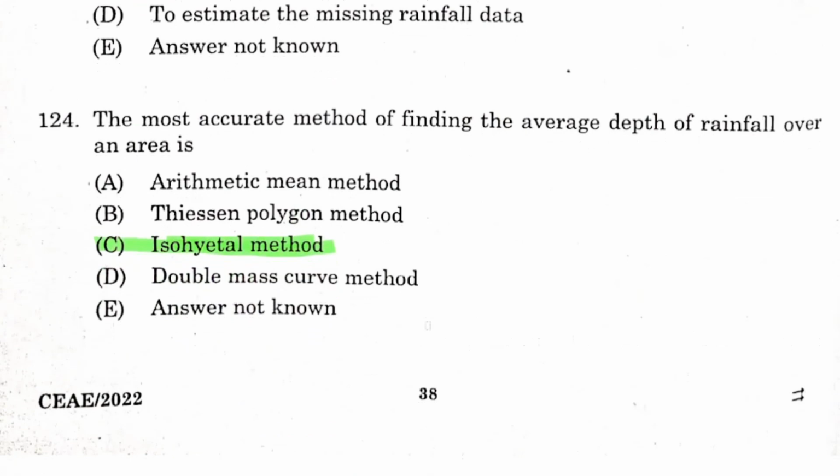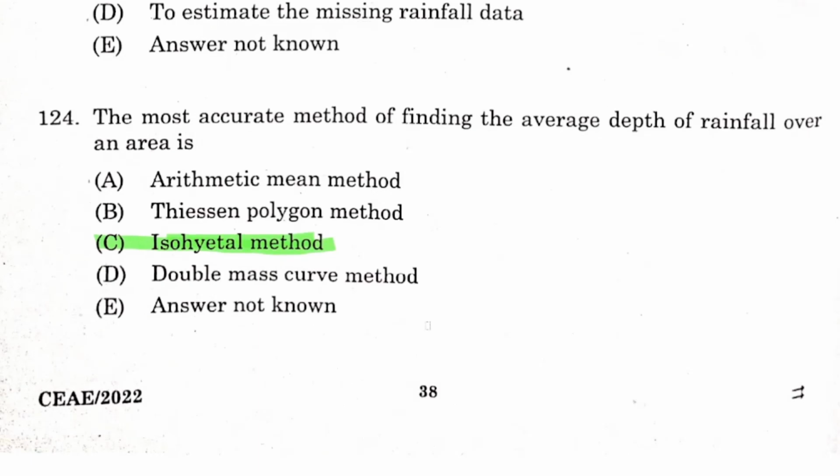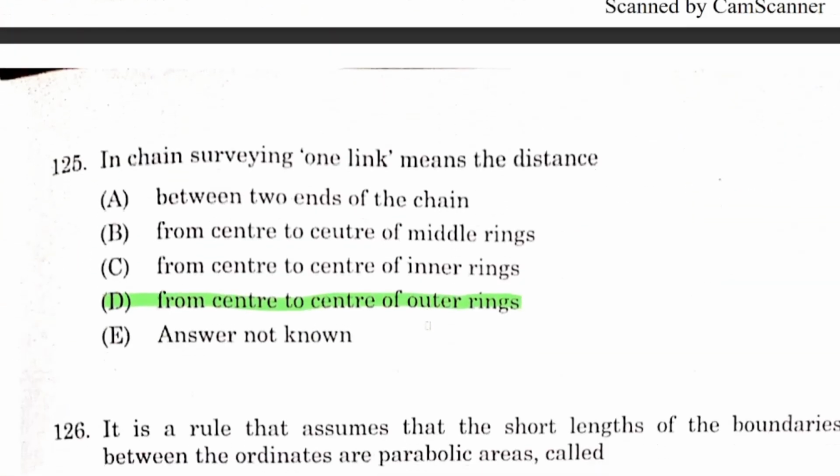Next question number 124. The most accurate method of finding the average depth of rainfall over an area is the isohyetal method. Next question number 125. In chain surveying, one link means the distance from the center to center of the middle rings.